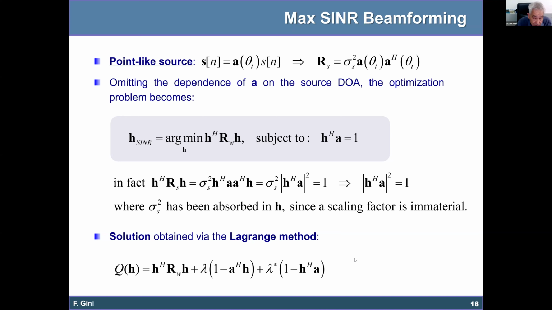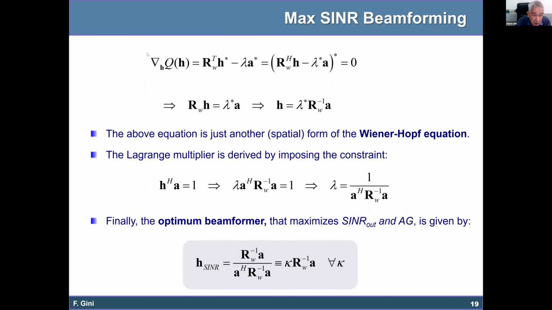The solution is found in the usual way. You calculate the gradient, you set the gradient equal to 0, you find the solution, and then you impose the constraint to find the Lagrange multiplier, and you get the solution. And this is the solution. Now, this denominator is a scalar, but it is irrelevant, whatever the constant in front of this term.